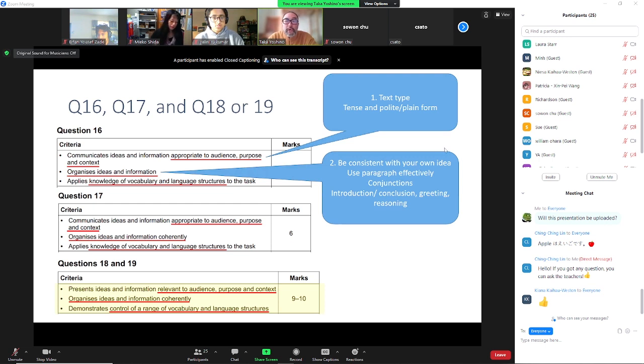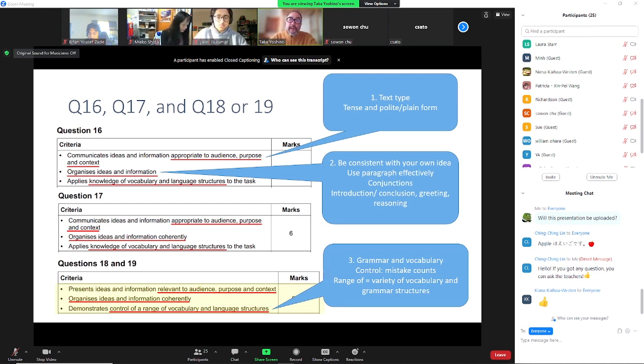Second point, be consistent with your own idea. Use paragraphs effectively, use conjunctions. And because of the text type, introduction and conclusion are very important. Whether you're going to include a greeting, or if it's a diary, you're going to put the date and weather. And also, if you're going to give some reason, then you're going to use particular conjunctions or grammar structure.